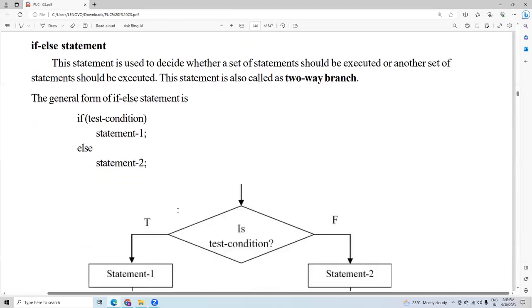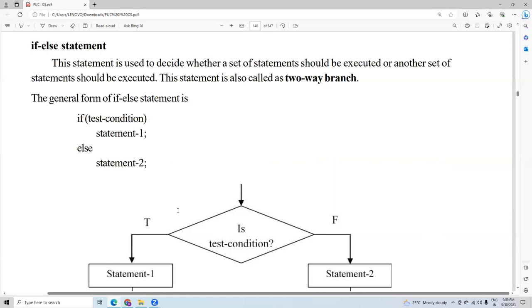Next is if else statement. If else statement is also called as a decision-making statement. Where a single statement or set of statements will be executed based on the result of the condition, whatever they have provided.